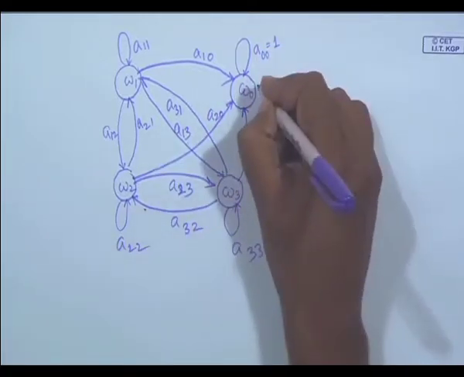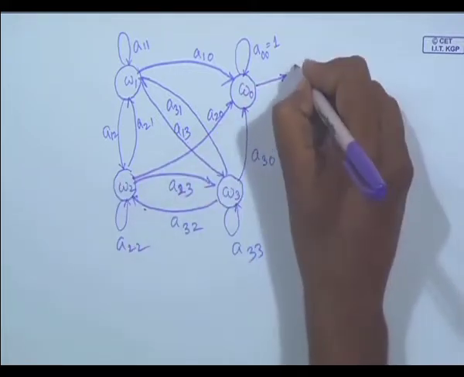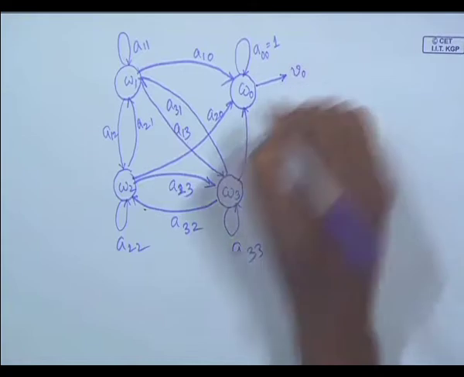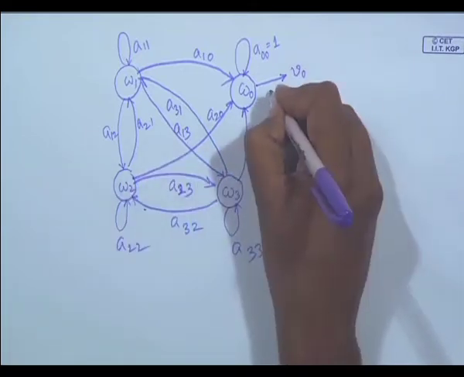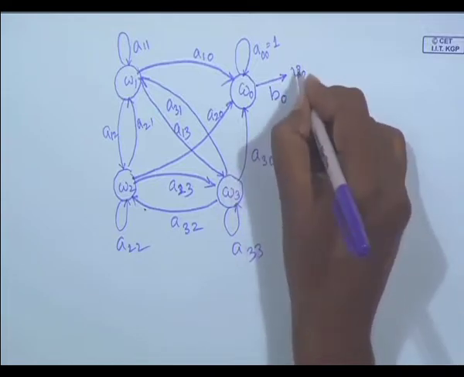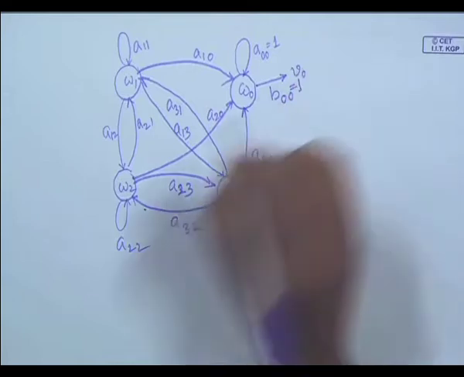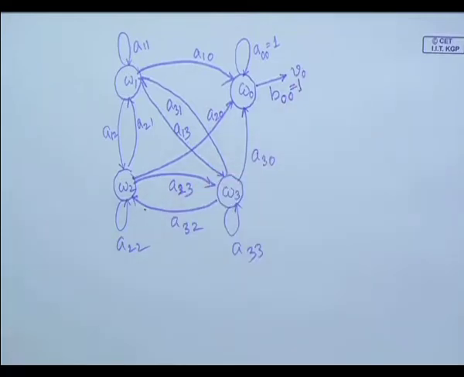Within omega 0, it emits only one visible symbol, which is V 0. So the probability of emission from omega 0, that is B0 of V 0, will also be equal to 1, because this is the only symbol emitted from this accepting state.